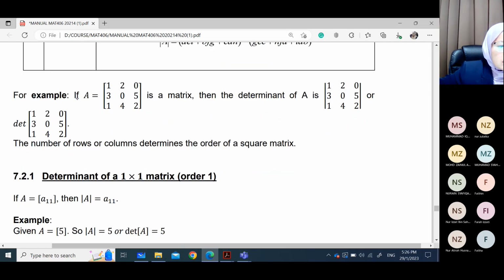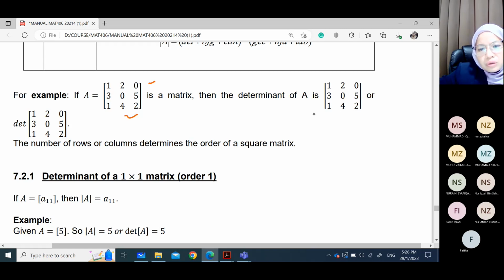Okay, so kita tengok ni. For example, if A, we have this matrix 1, 2, 0, 0, 3, 5, 1, 4, 2 is a matrix, then the determinant of A is 1, 2, 0, 3, 0, 5, 1, 4, 2. So ini adalah bentuk determinant. So ada beza kalau matrix dia dalam square bracket macam tu. Kalau determinant dia dalam bentuk absolute, tak sama.